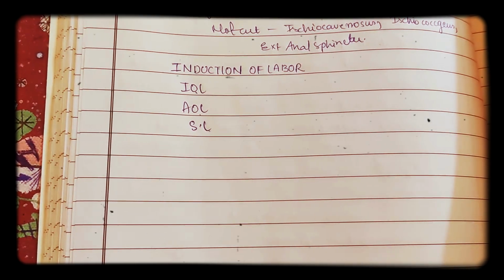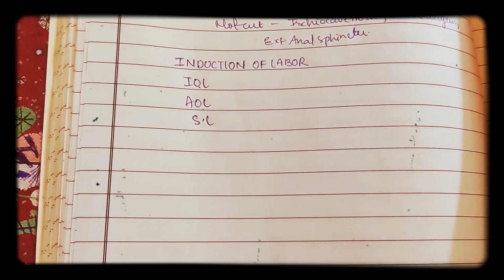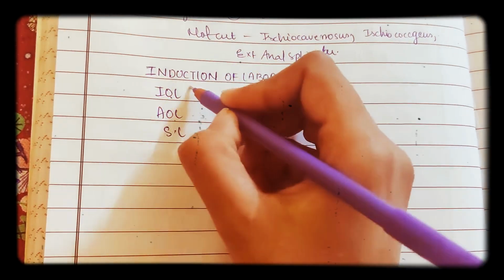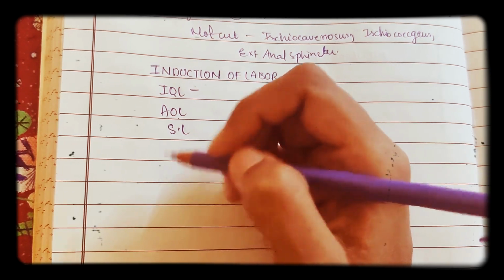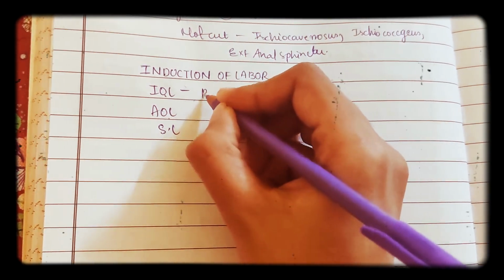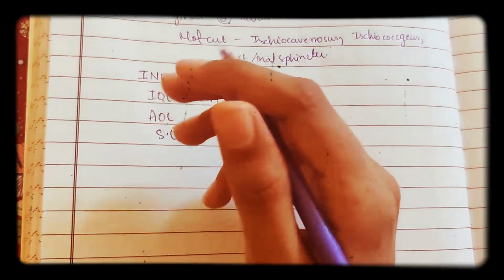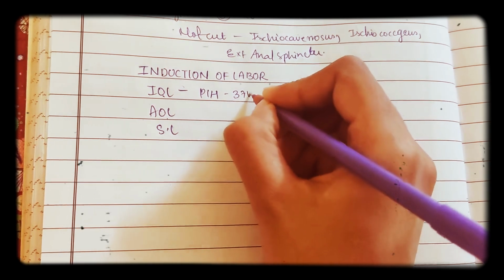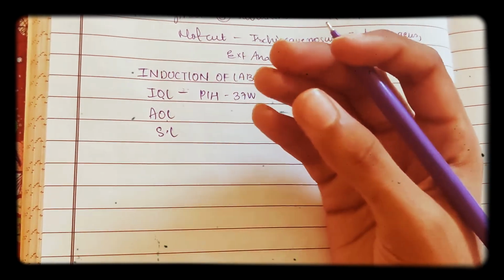Now coming to indications for induction of labor. So what are the indications for induction of labor? For example, pregnancy-induced hypertension, that is PIH. In the case of PIH with mild preeclampsia, you will induce labor at 37 weeks, because these patients are already having hypertension.